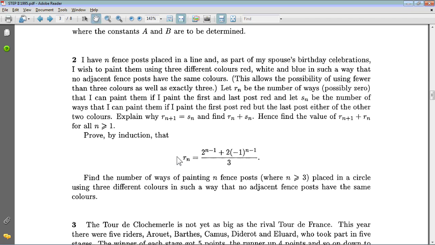So we define Rn as the number of possible ways for n posts if both the first and last post are red, and Sn is the number of ways if the first post is red and the last post is one of the other two colours. And the first thing we're asked to do is to explain why Rn plus 1 equals Sn.